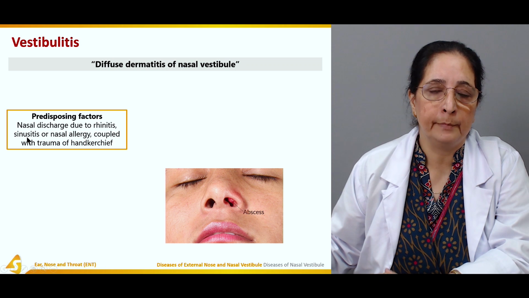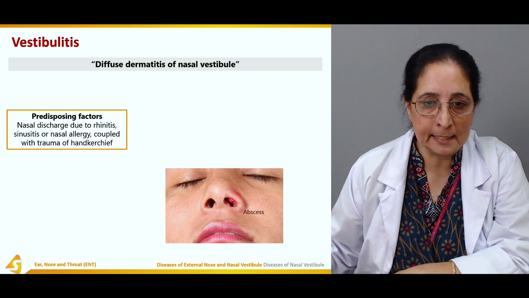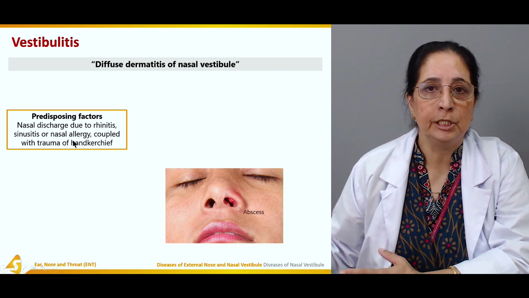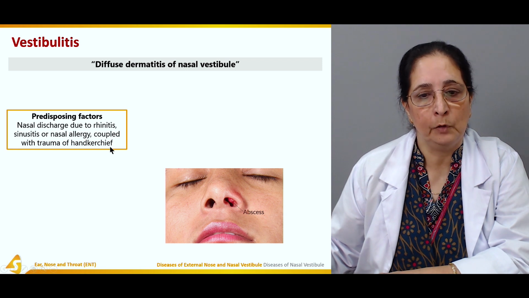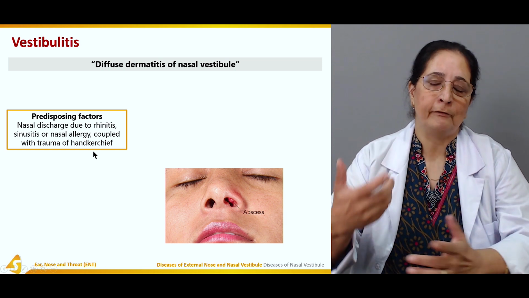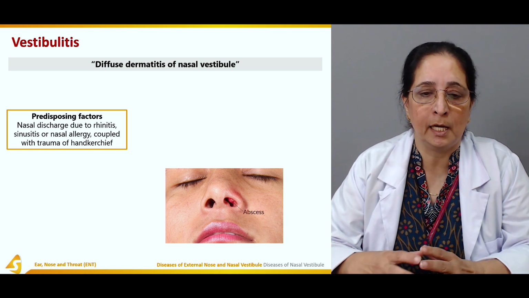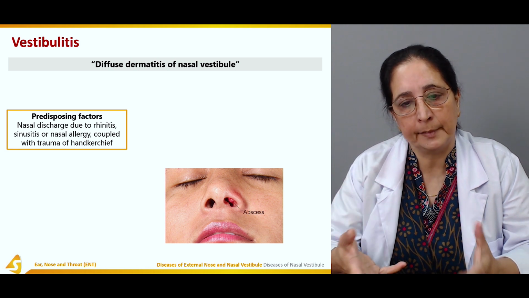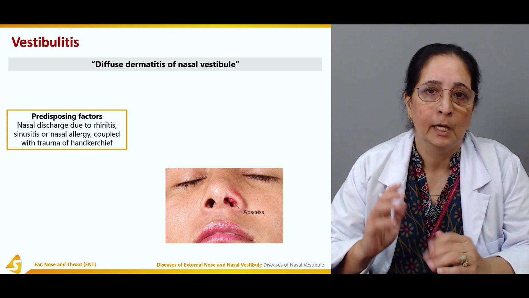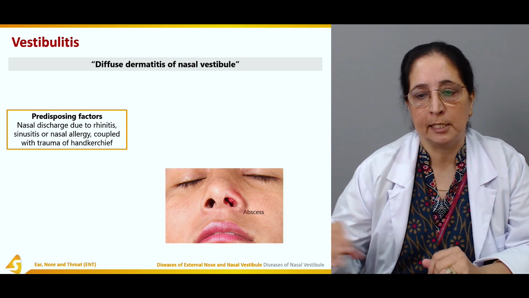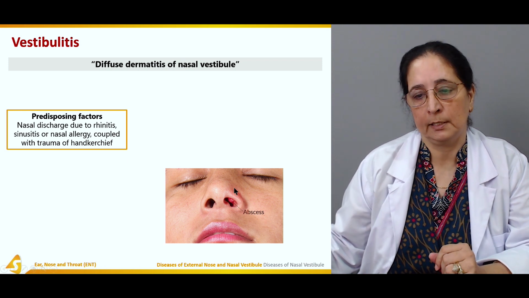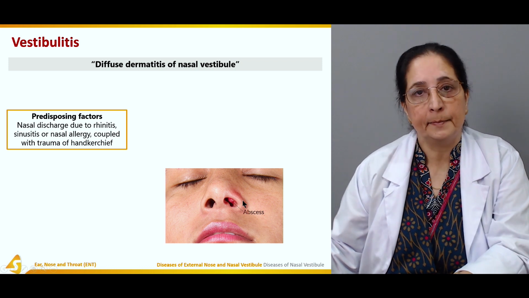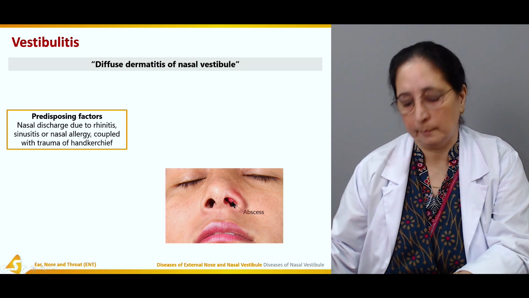Sinusitis, or inflammation or infection of the sinuses, or any allergies can lead to vestibulitis. Coupled with trauma from handkerchiefs, in case of runny nose, allergies and sinusitis, too much use of napkins, handkerchiefs or tissues can lead to vestibulitis and inflammation of this. This is the picture of the abscess as a result of vestibulitis.